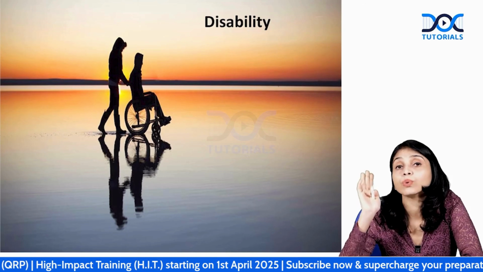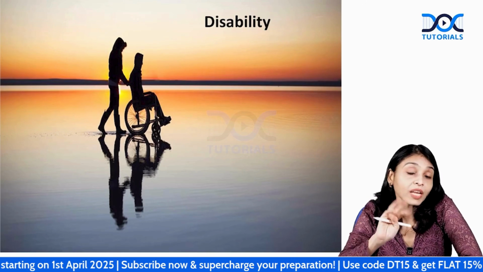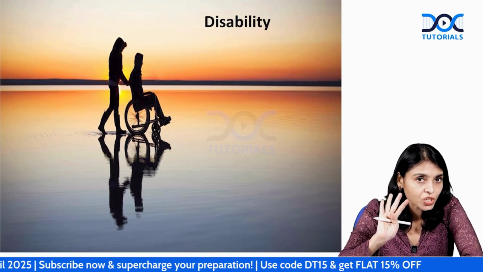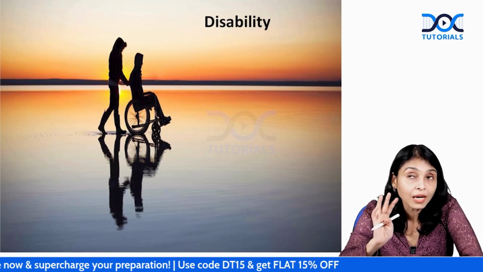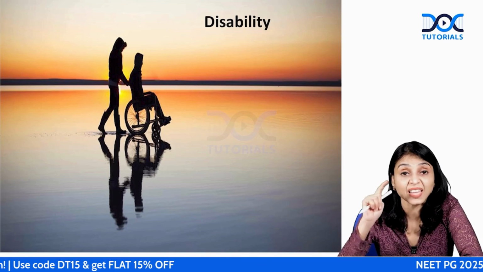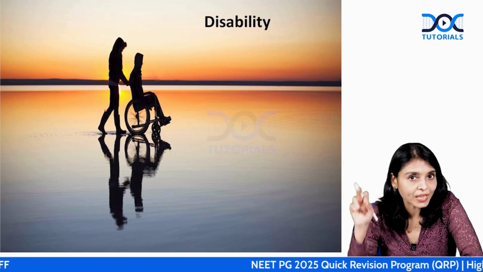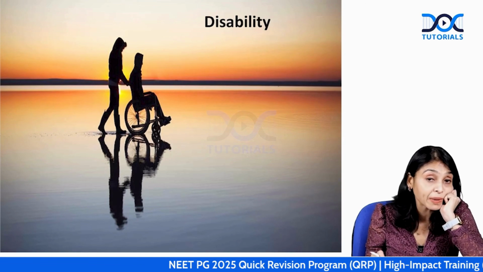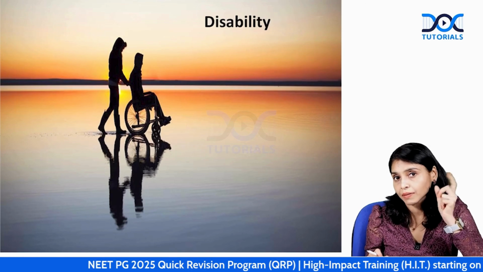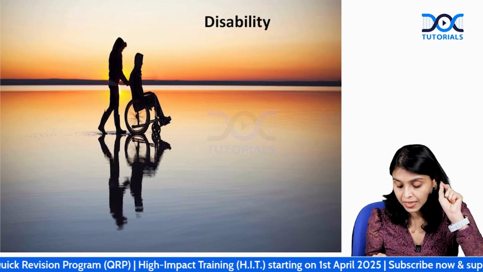Before moving into the disability rates, I would like to tell you something about 4 terminologies which are a little bit confusing, looks like synonyms, but they are not synonyms, and you should know the difference between these 4 terms. I'm going to show you a table and I'll be explaining using that table, but each and every cell in that table is an MCQ, each and every cell.